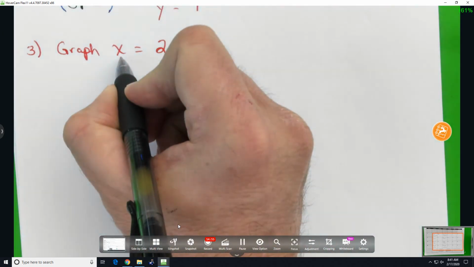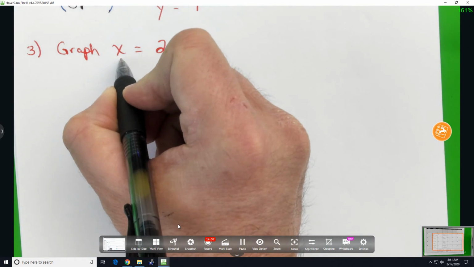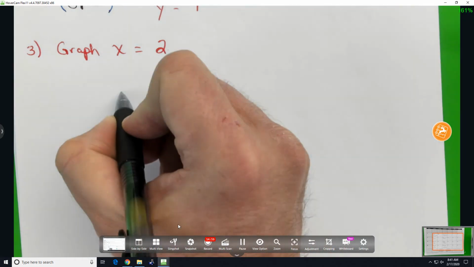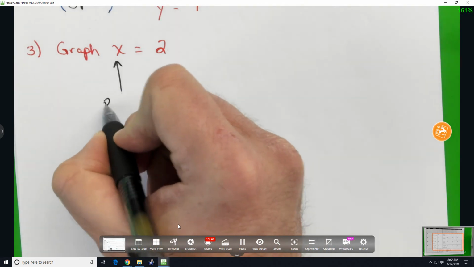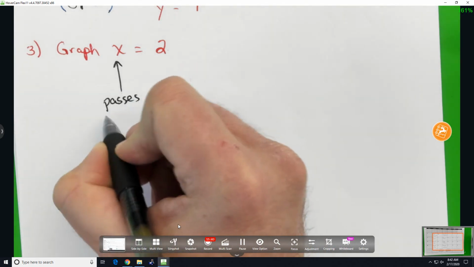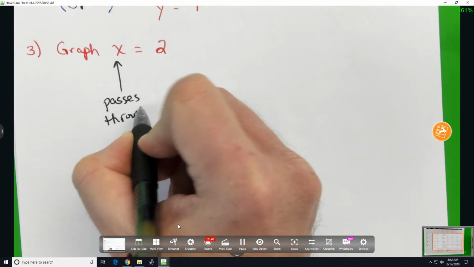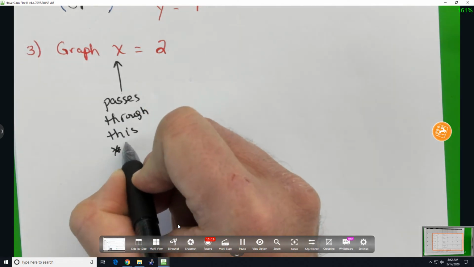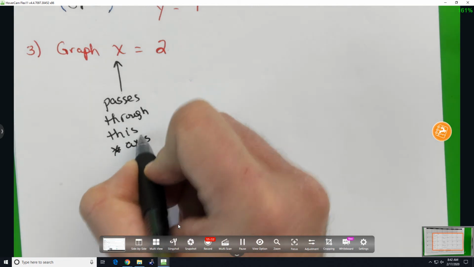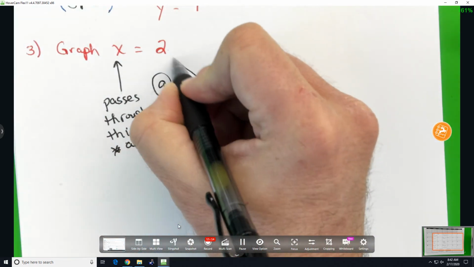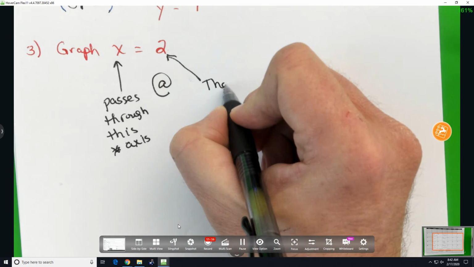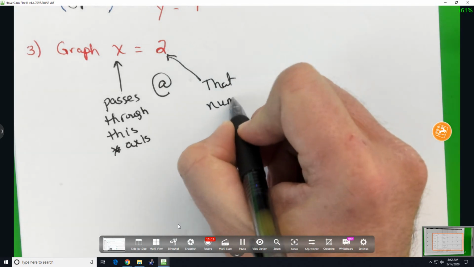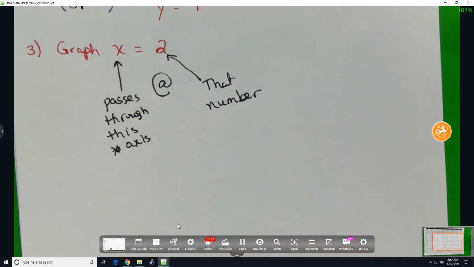This is the axis it's passing through at this number. The line passes through this axis at that number. So, it's either a vertical line or a horizontal line.